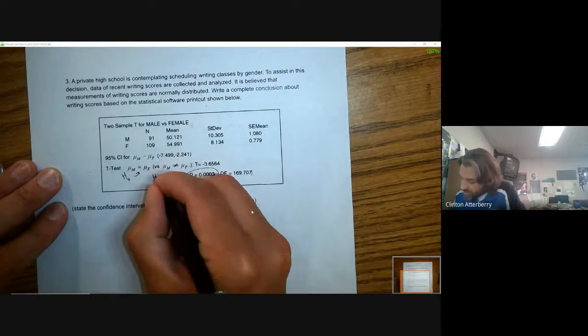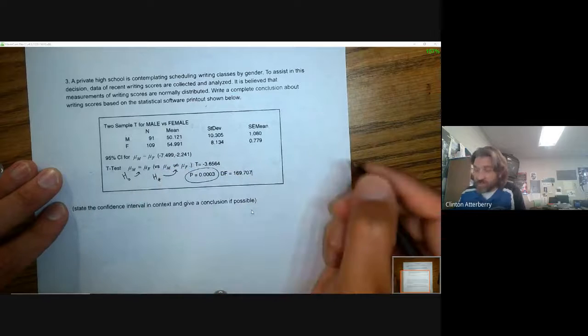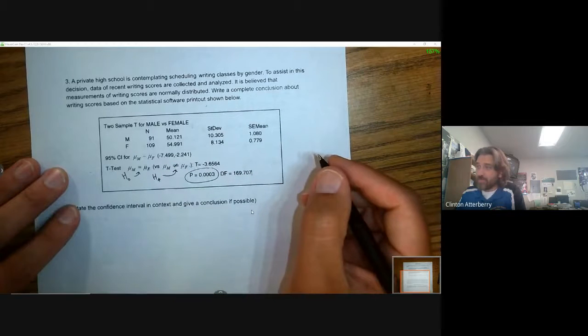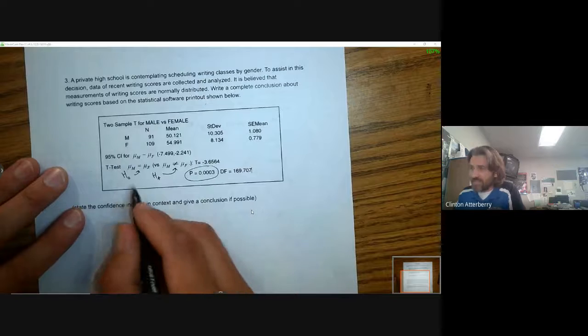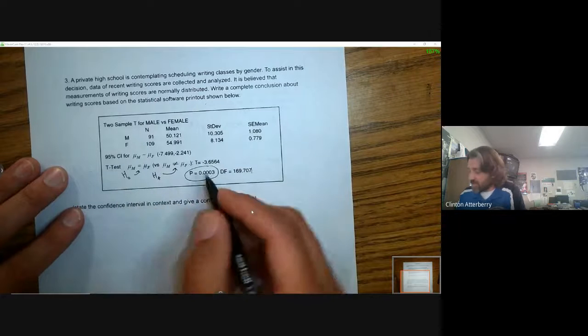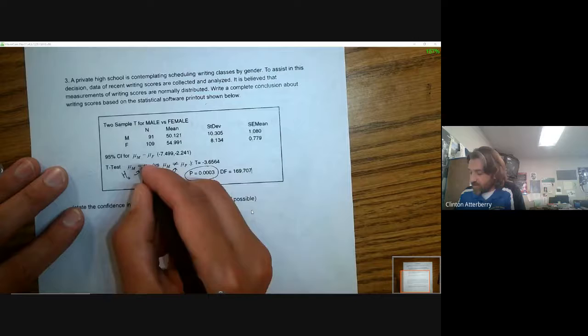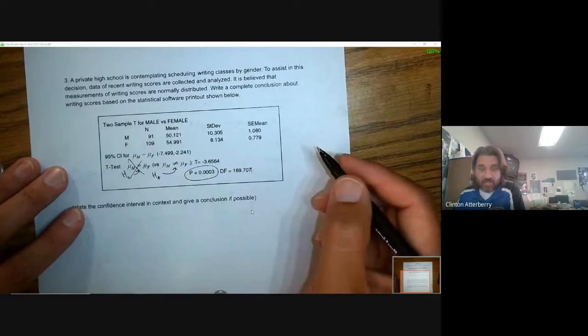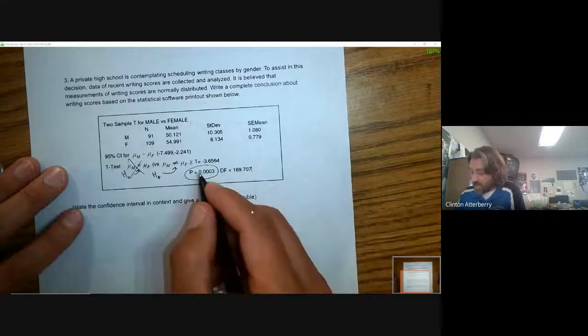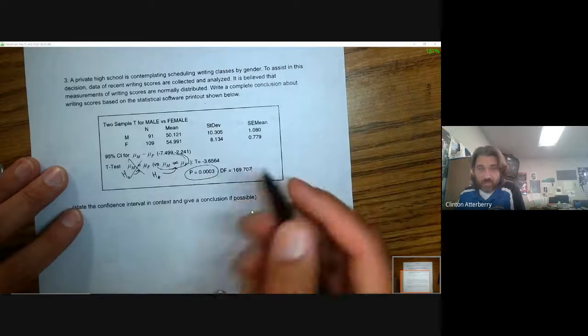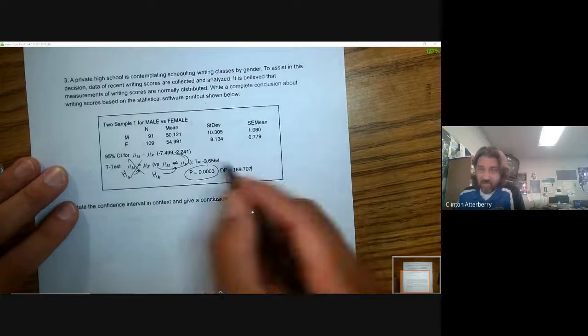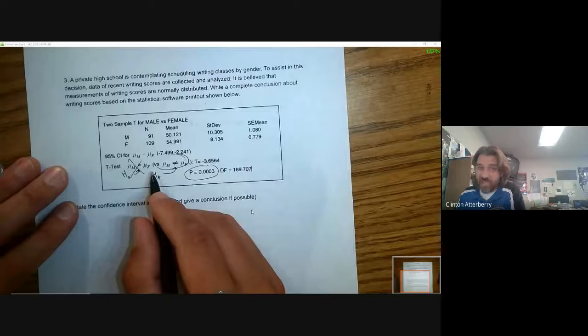And this is our alternative hypothesis because it has the not equal to. Because our p-value is small, we can reject the null hypothesis and say there's strong evidence that the scores are not the same.